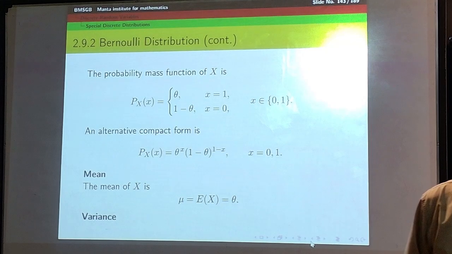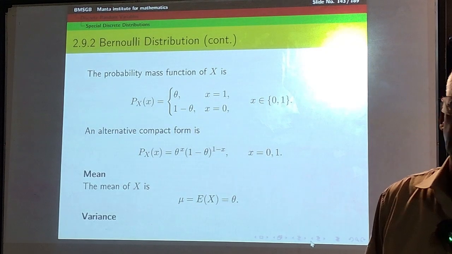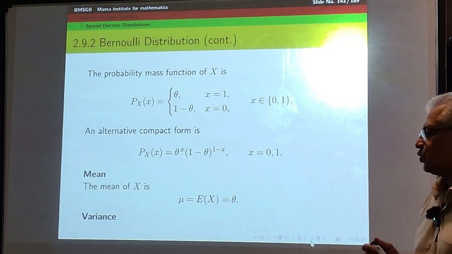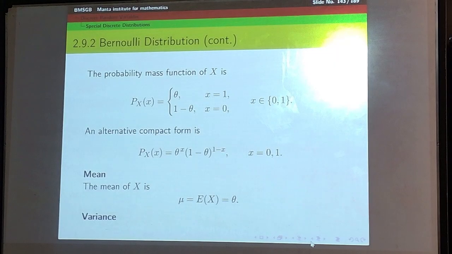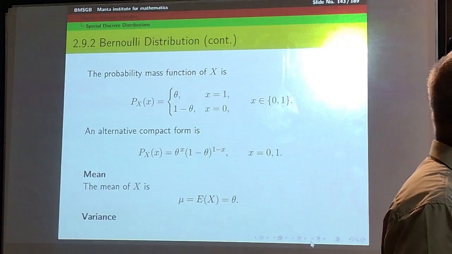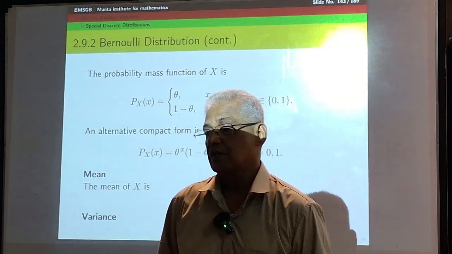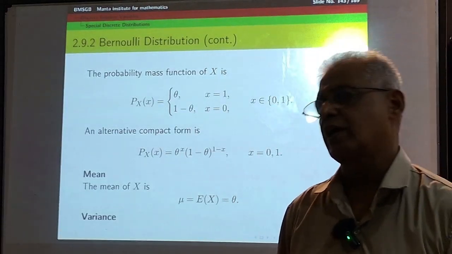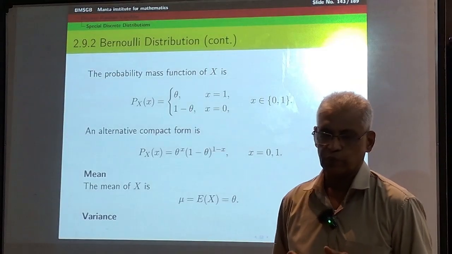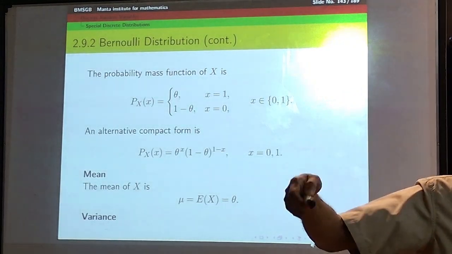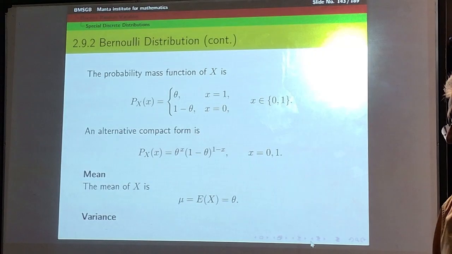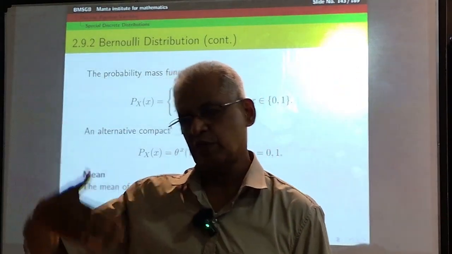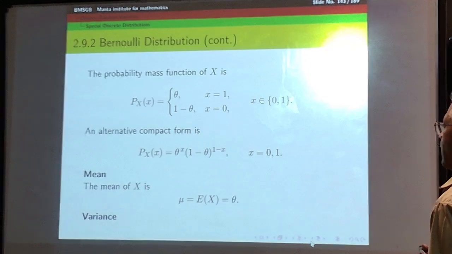The probability X equal to 1 is theta, probability X equal to 0 is 1 minus theta. So how do you get expected value of X? Expected value of X will be equal to 1 times the probability X equal to 1 plus 0 times the probability X equal to 0, right? So 1 times probability X equal to 1 is theta. So 1 times theta plus 0 times whatever, that part will not come. So therefore the answer will be theta.